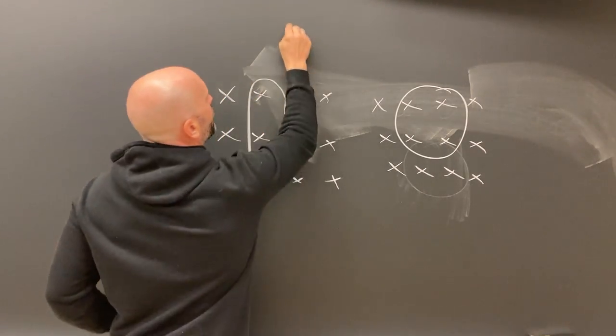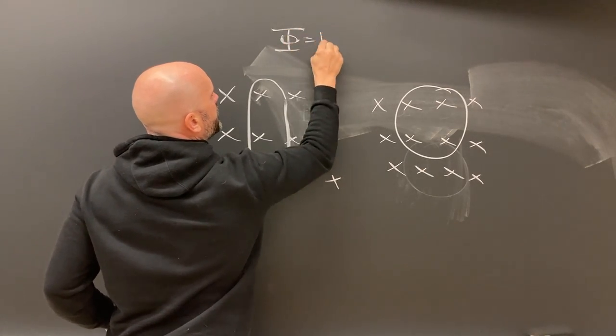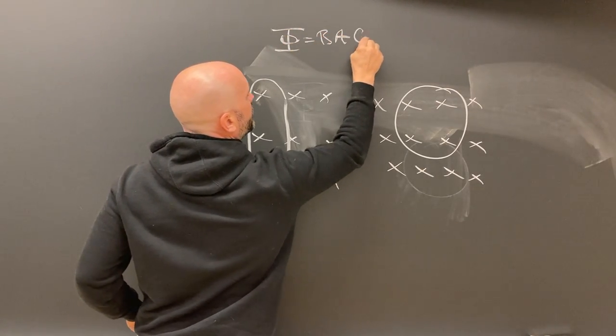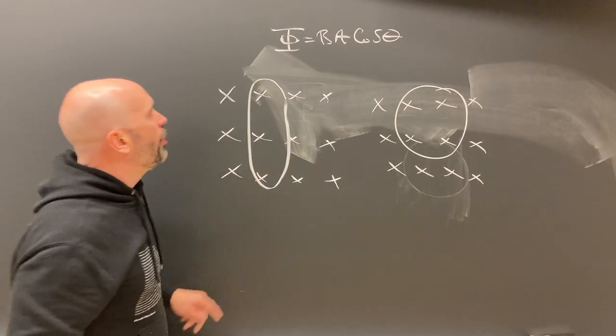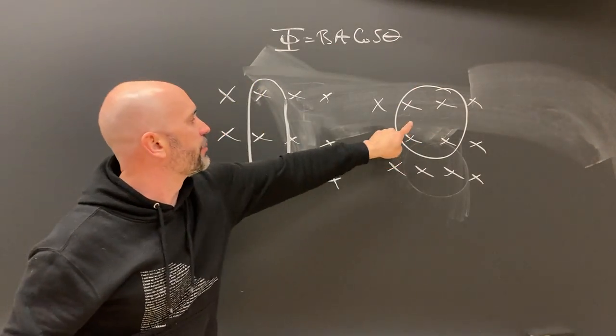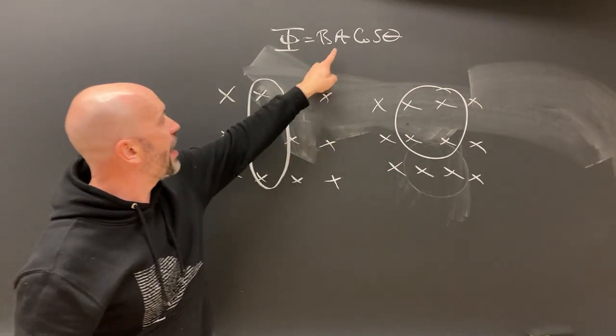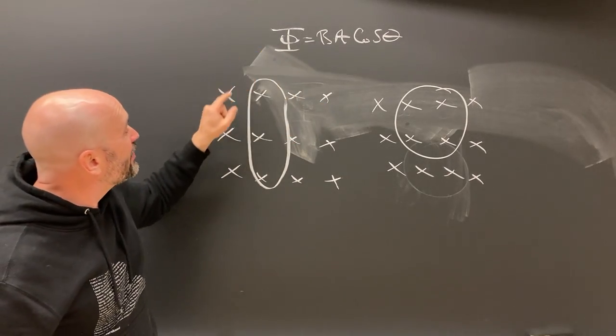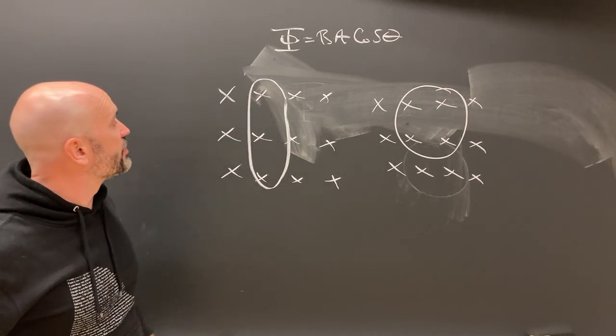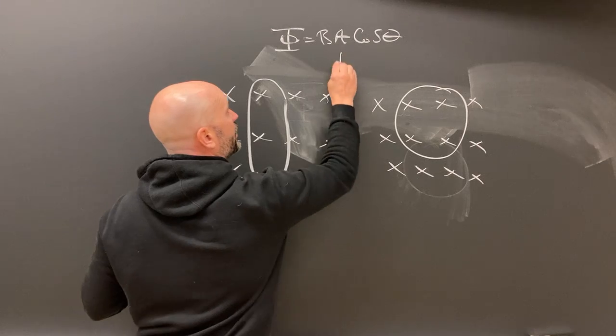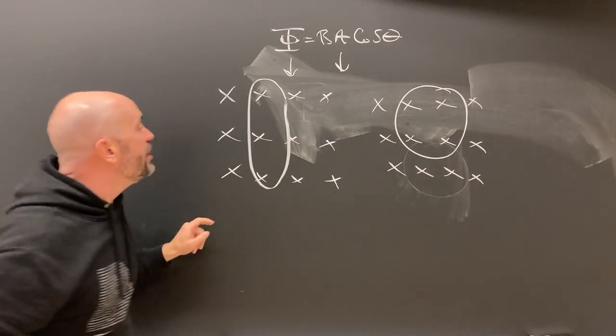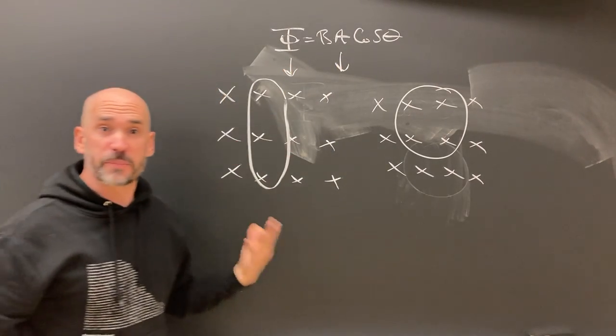Remember, if flux is equal to B A cosine theta, then which of these three variables is changing from here to here? Well, it's the area. There's less area, area is going down, so the flux is going down. That means that this loop is upset. It panics.